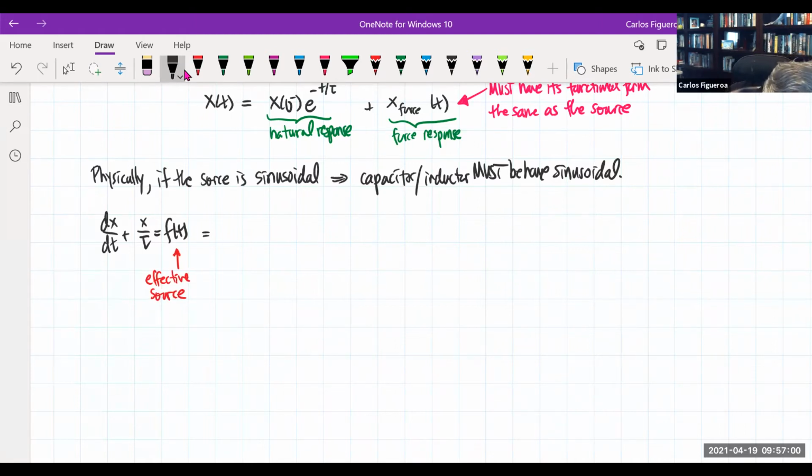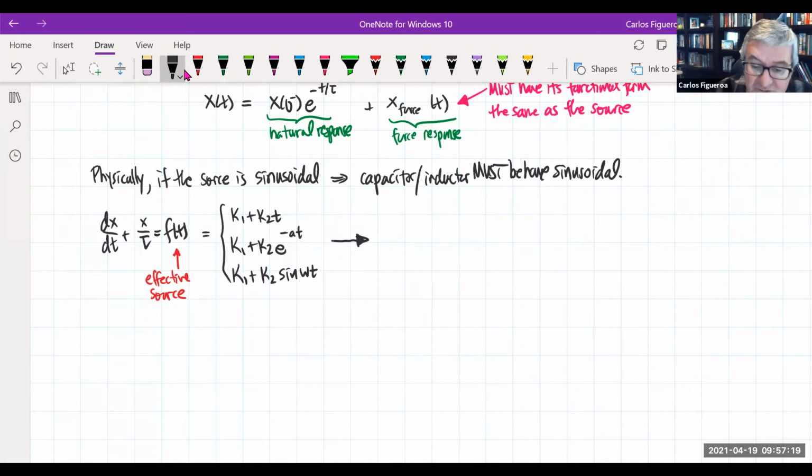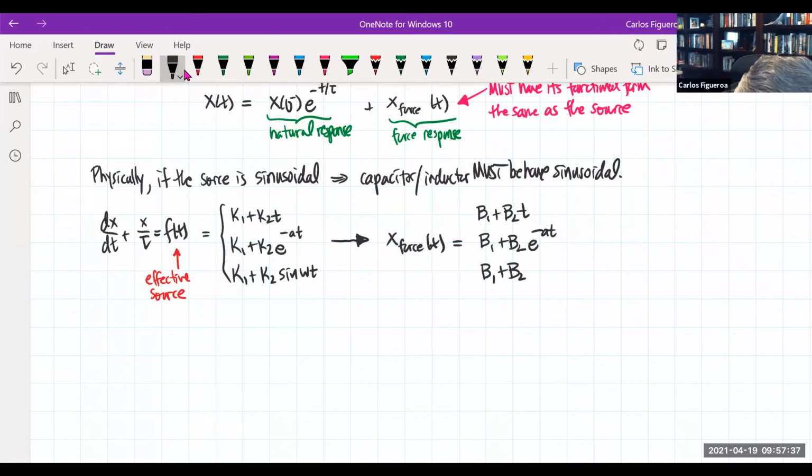So if I have a source that looks either something like this or like that, then this tells us immediately that the force response must be the shape of B1 plus B2t, or B1 plus B2 e to the minus at, where B1 and B2 are just constants to be determined from the differential equation.